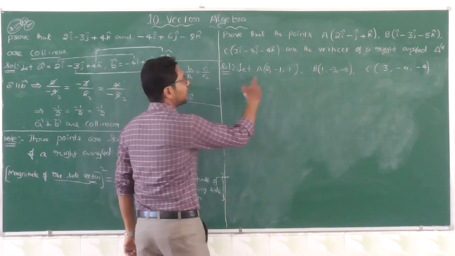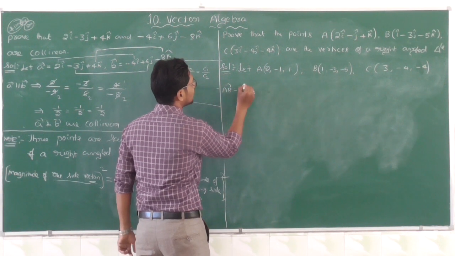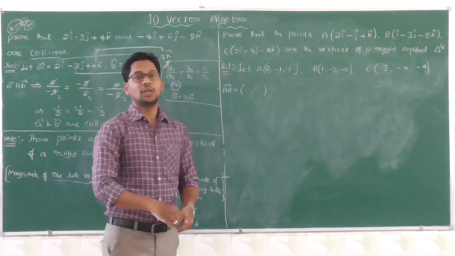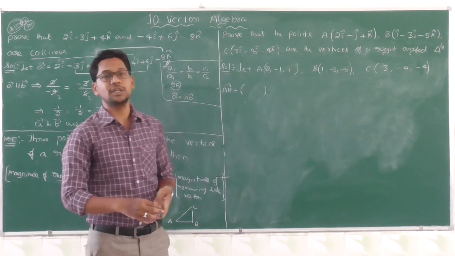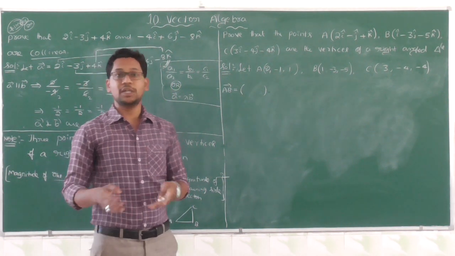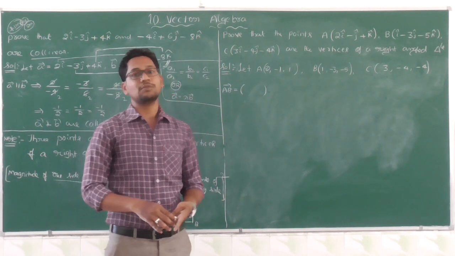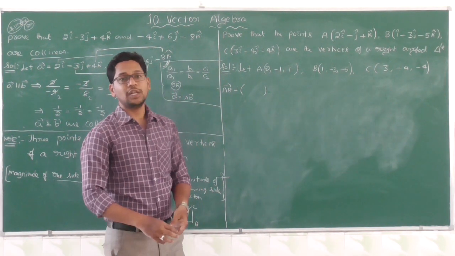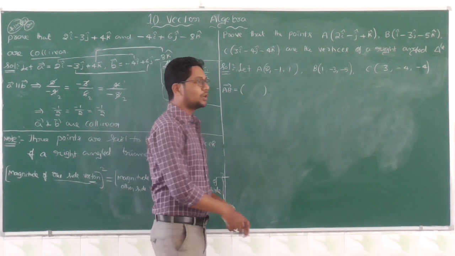First find out the vector AB. AB vector equals vector joining 2 points. In our previous classes we already discussed vector joining 2 points and solved the related examples and problems. I hope you understood well about vector joining 2 points, so kindly do not confuse.